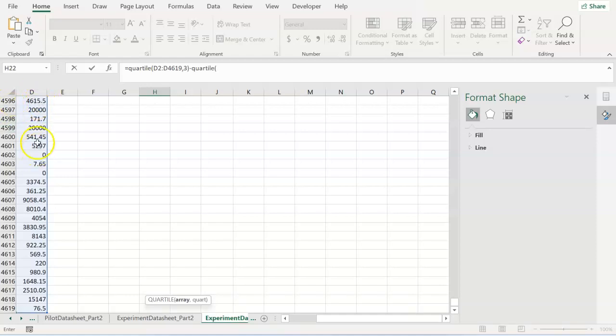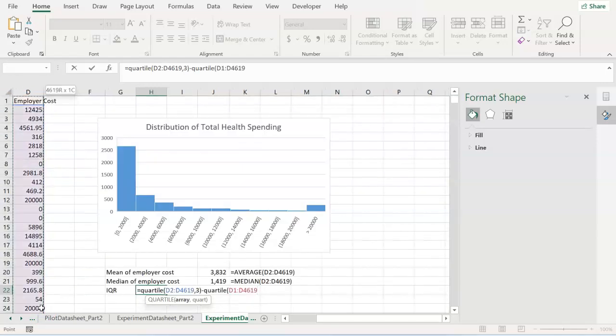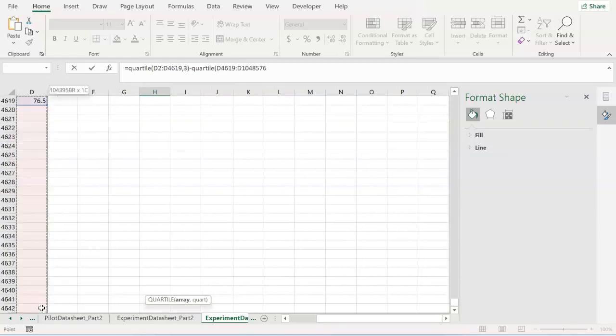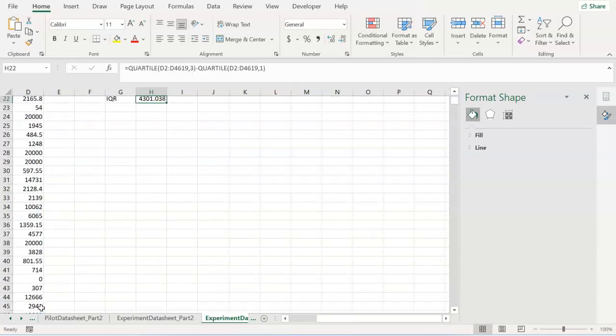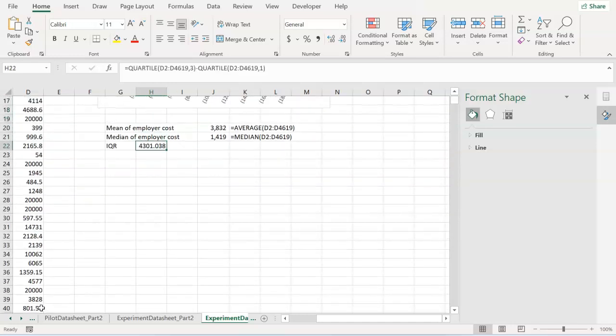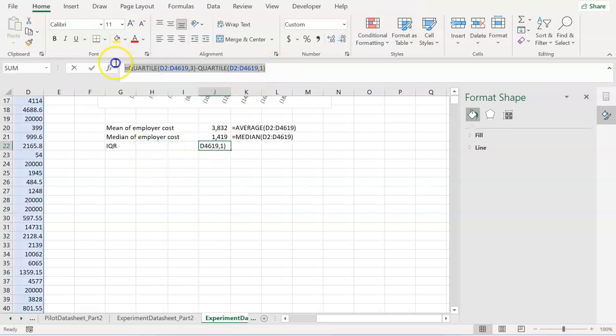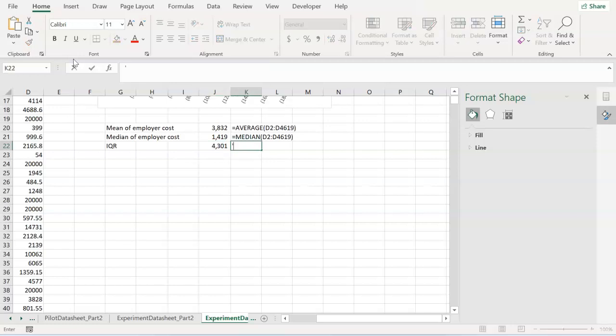Again, select the data, comma 1, close bracket. So this is the IQR. That's the answer for this last question. Let's put that here, copy the formula, and that's it with part 3. Thank you.